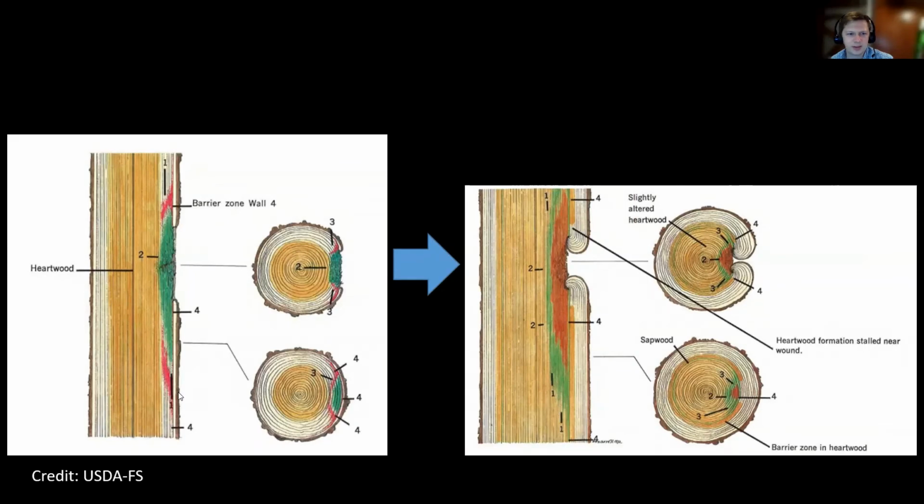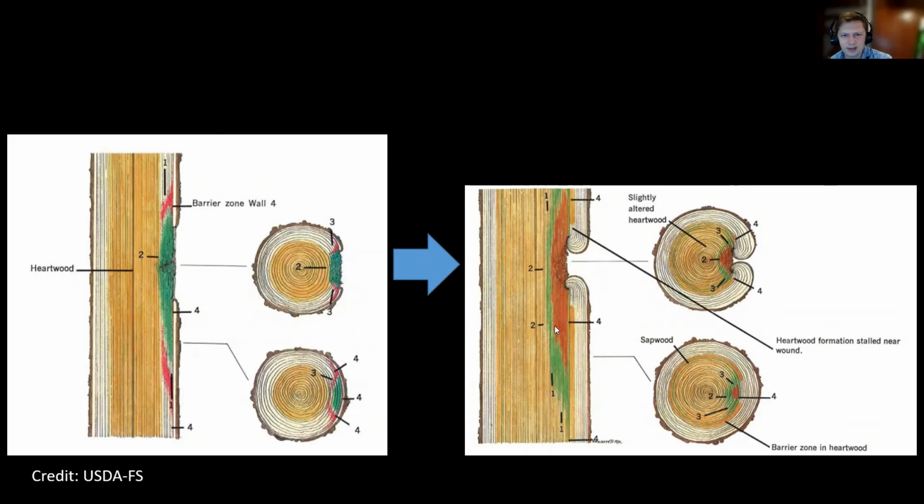So as you can see here, wall 2 is still in place, and over time, wall 4 develops, and you're able to get continued growth, and eventually the tree is able to overcome a lot of this damage.